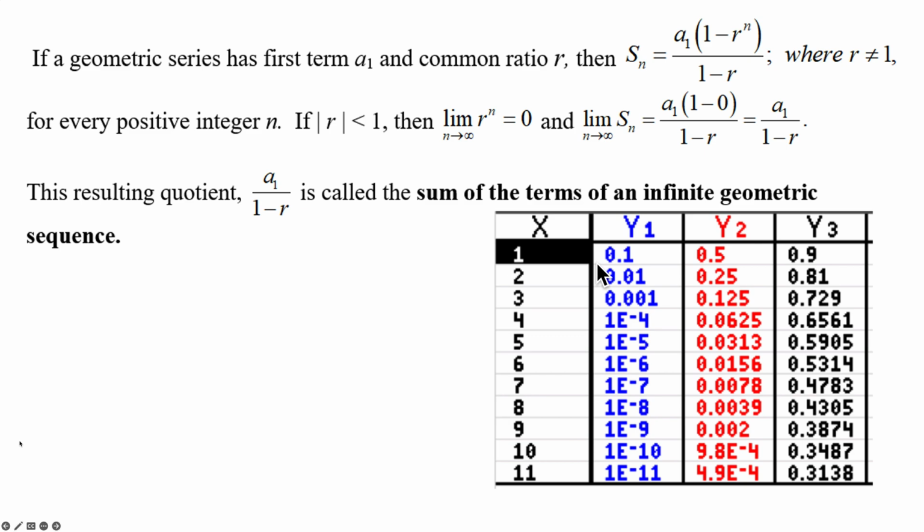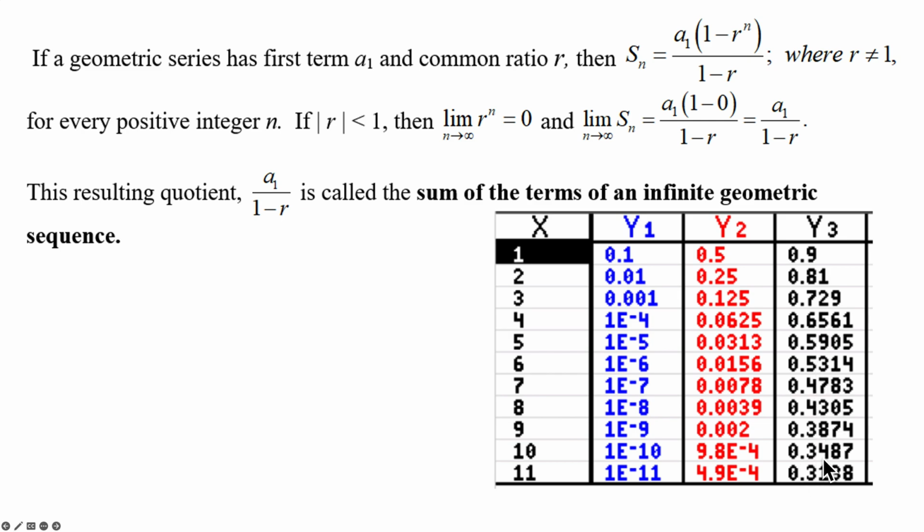So to show you, I put in y equals 0.1 to the x power, using 0.1 as my r, 0.5, and 0.9. It doesn't matter if you're really close to 0 or really close to 1. As you can see, with 0.1 being closer to 0, it approaches 0 much faster. 0.5 is getting to 0 as well. 0.9 is taking its time, but it's still getting smaller and smaller.